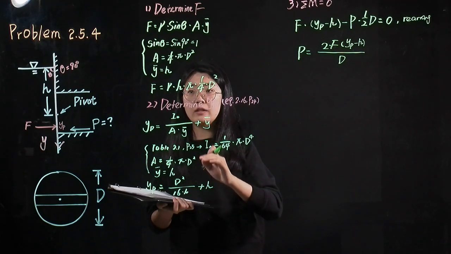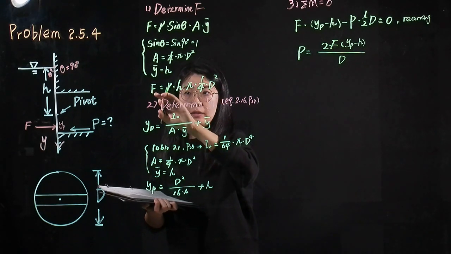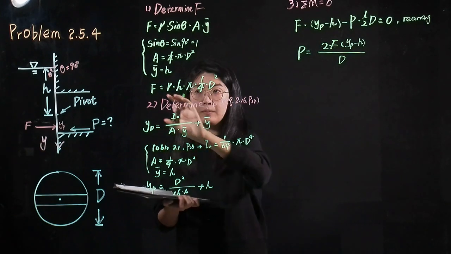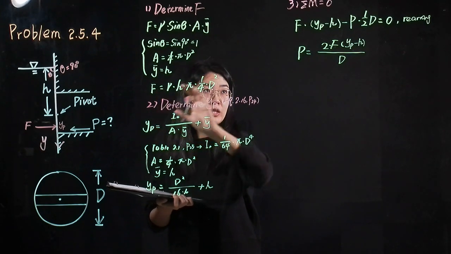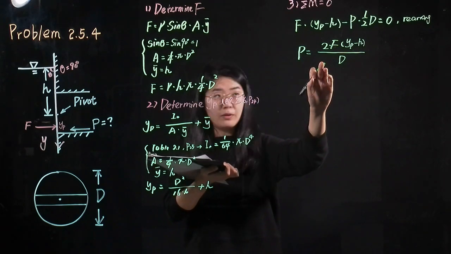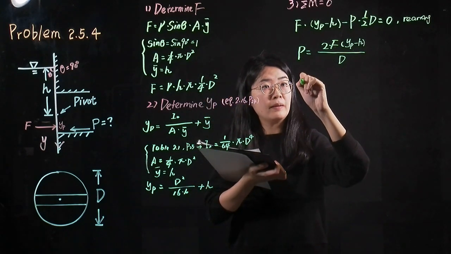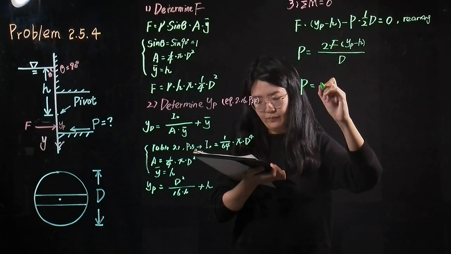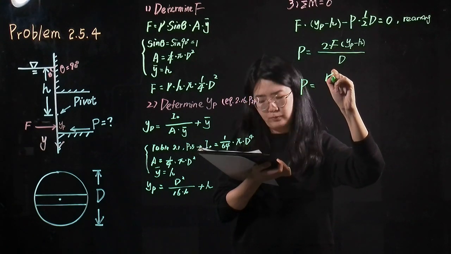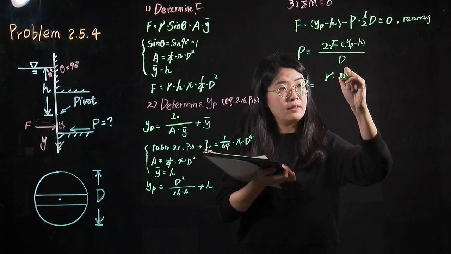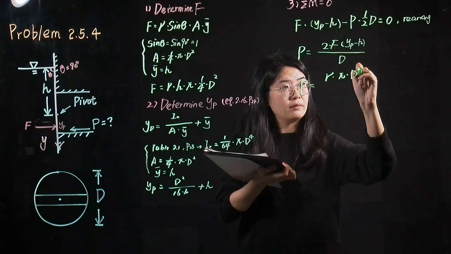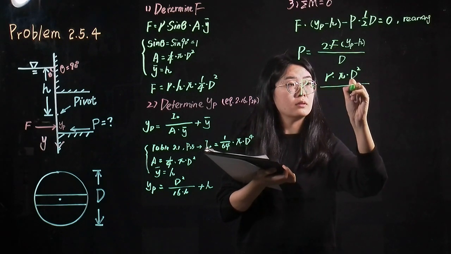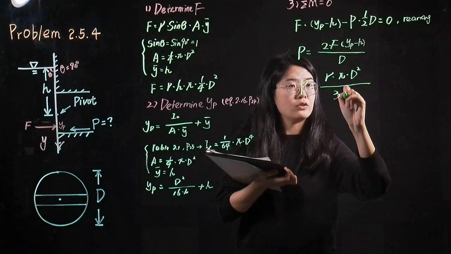Because we already know the F and the yp, we can bring those two equations into this one. Then we can get P is equal to specific weight of water times pi times d squared over 32.